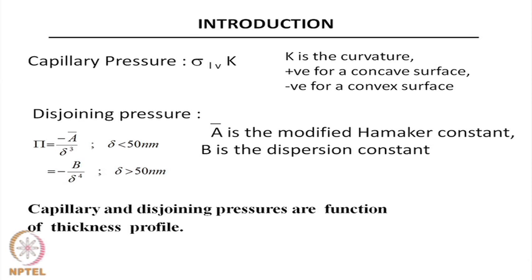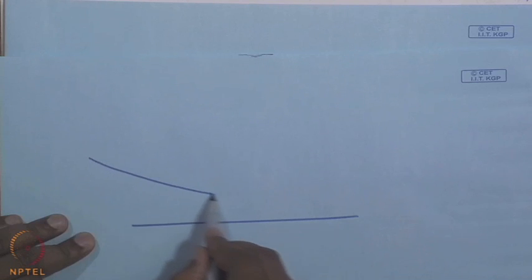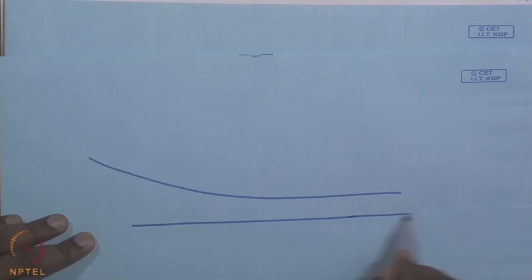So, in order to cause evaporation from such a thin film, you have to provide an extra superheat. This is the excess pressure of a very thin film. If I have this very thin portion of the film, over here the liquid molecules are going to feel an attractive force towards the solid.